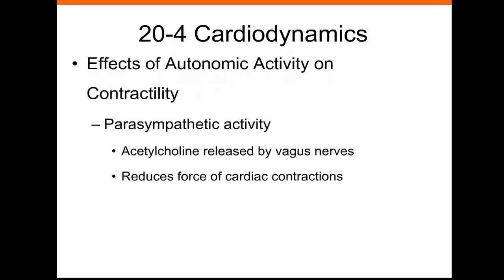Contractility is also under the control of parasympathetic activity. Acetylcholine is released by the vagus nerve, cranial nerve number 10, and this reduces the force of cardiac contractions.